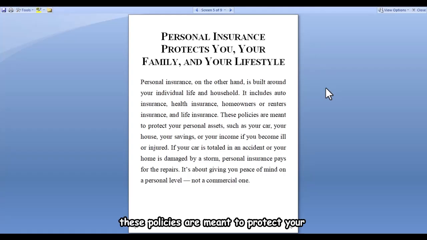These policies are meant to protect your personal assets, such as your car, your house, your savings, or your income if you become ill or injured. So if your car is totaled in an accident or your home is damaged by a storm, personal insurance pays for the repairs. It's about giving you peace of mind on a personal level, not a commercial one. So now let's go to the next page.